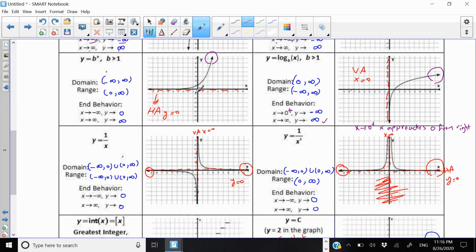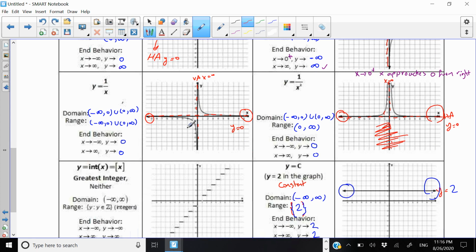What is this one? Do we have a symmetry to the y-axis? No. The two sides are not equal. Symmetry to the origin? No. So this one is none of them. Same here. No symmetry to the y-axis and no symmetry to the origin. This one is also none of them, or neither of them.